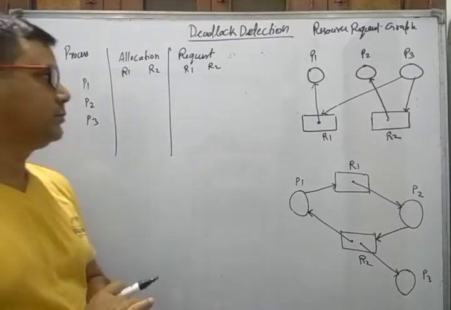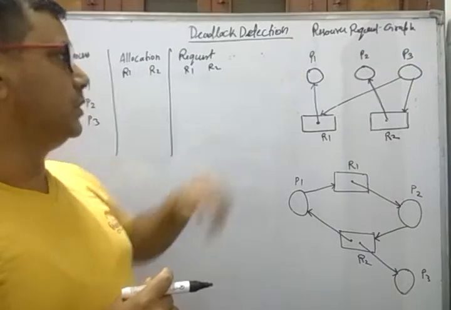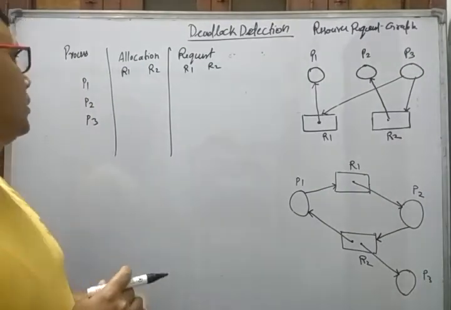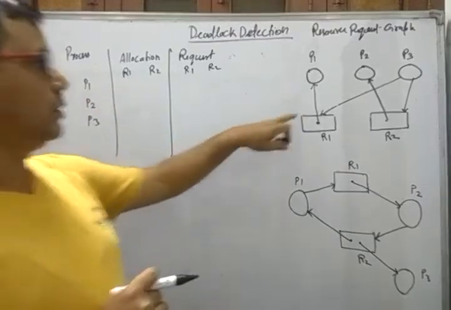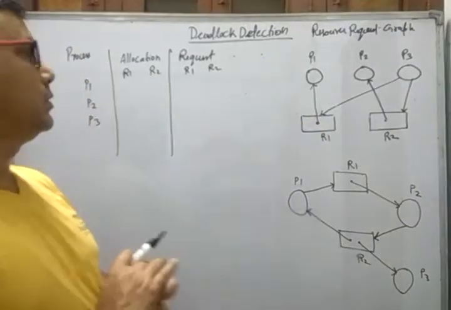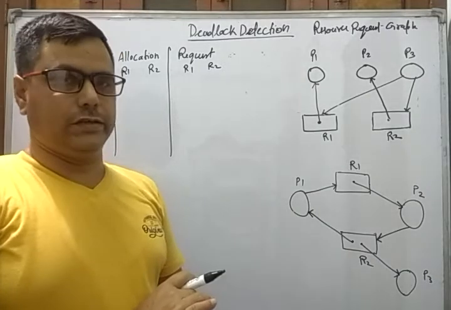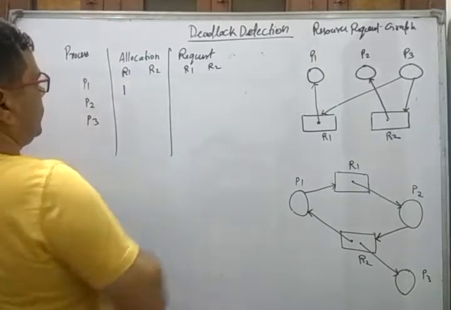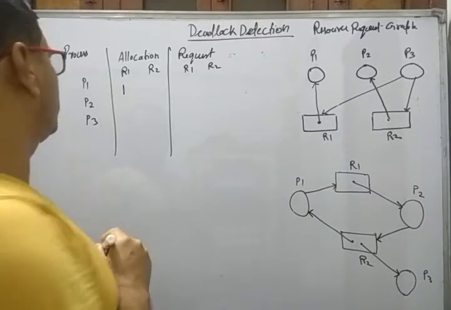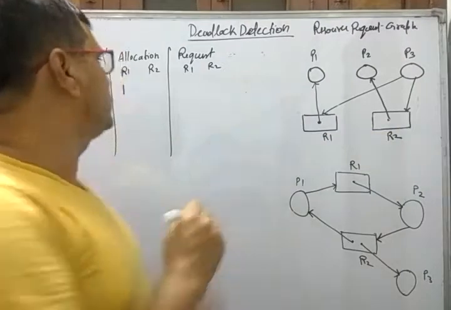Now look here. First of all, P1: has P1 been assigned any resource or not? Yes, P1 is assigned resource R1. Is P1 assigned resource R2 or not?